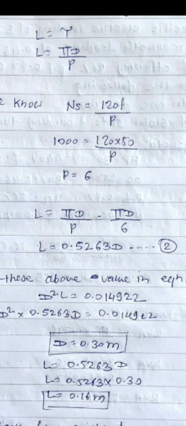Putting in pi into d, the diameter, 0.30, into ns, the speed in rps, 16.16, the peripheral speed becomes 15.97. So we have calculated the first values, the diameter and L, that is the main dimensions.